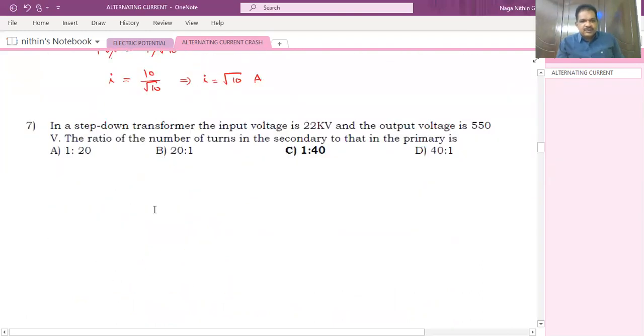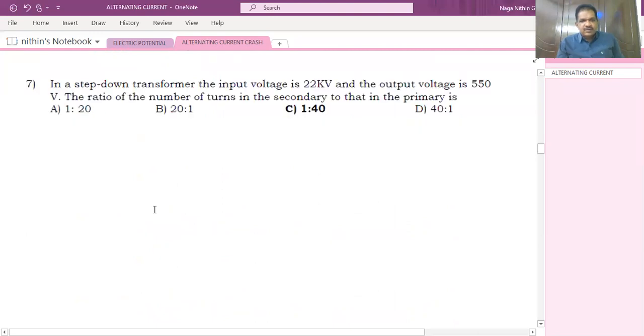Next, seventh question. Step down transformer input voltage VP is equal to 22,000 volt. Vs is equal to 550 volt. Number of turns in the secondary by number of turns in the primary is how much?